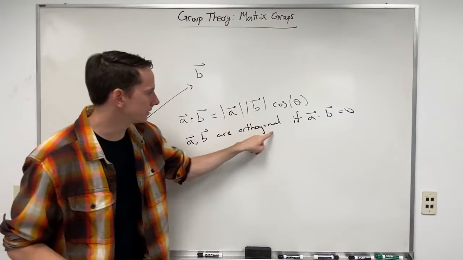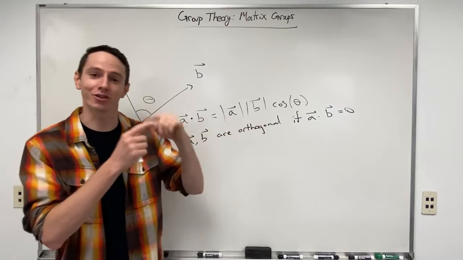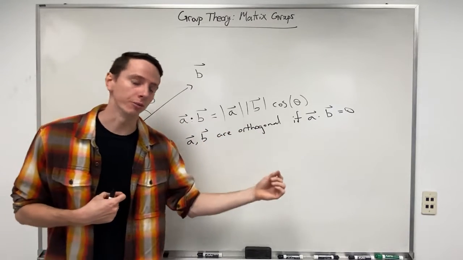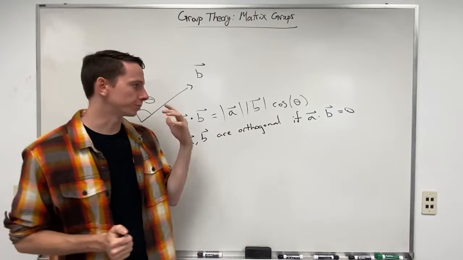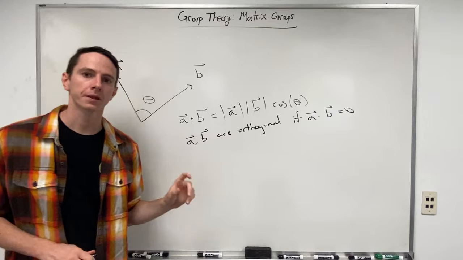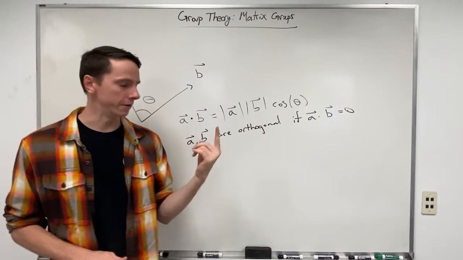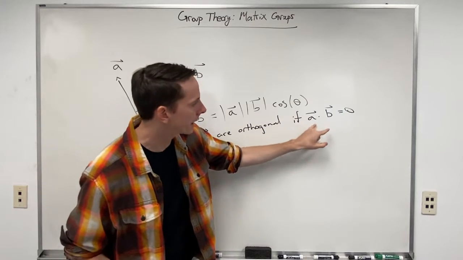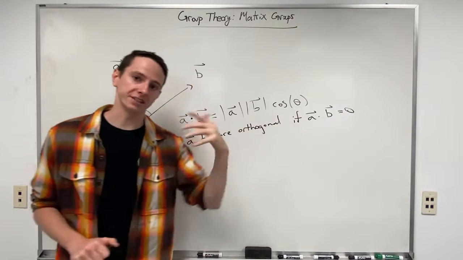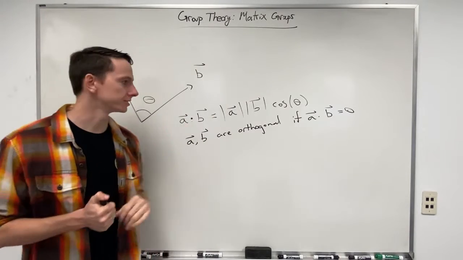We add a suffix, so not just orthogonal, but orthonormal, if we place a further constraint on these two vectors A and B. Specifically, if A and B both have a magnitude of 1, then we'd say that A and B are a set of orthonormal vectors. It's kind of like their length is normalized.